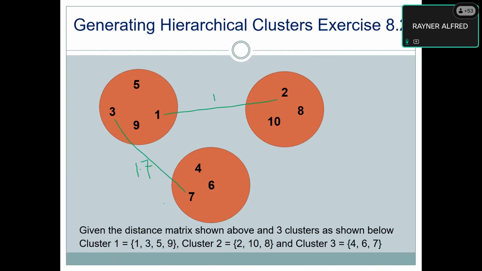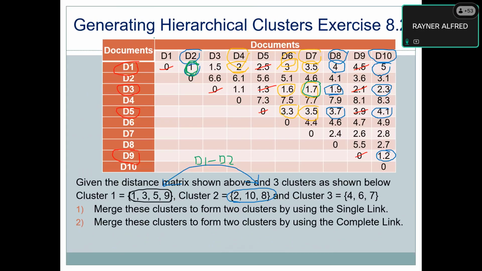So how do I get this? 1.7 is from here, because the yellow one is your third cluster, going to the first cluster, meaning the yellow going to the red one. The smallest one is this one, between 3 and 7, where the distance is 1.7. So we get that result.